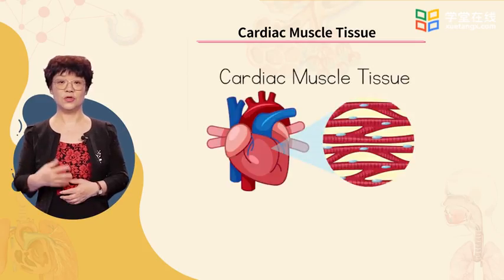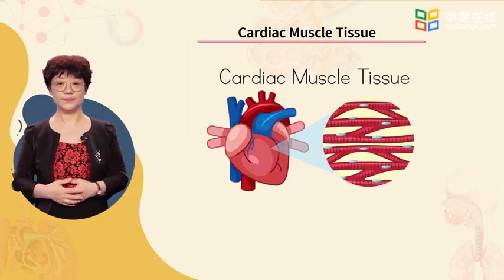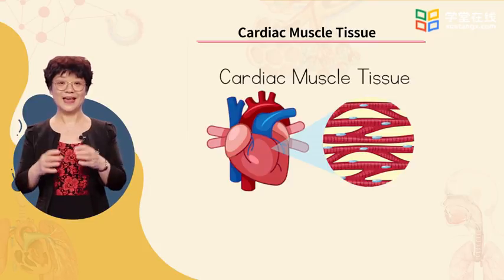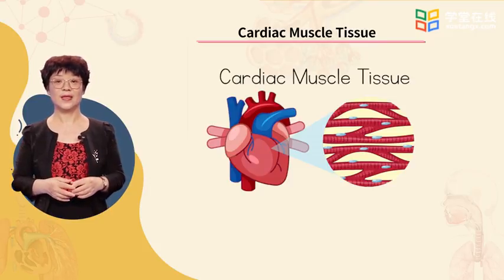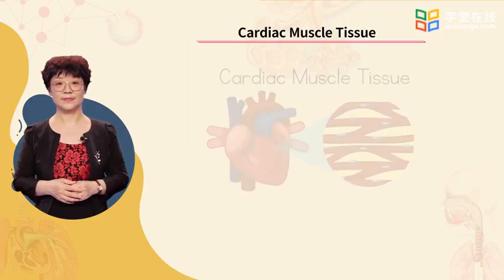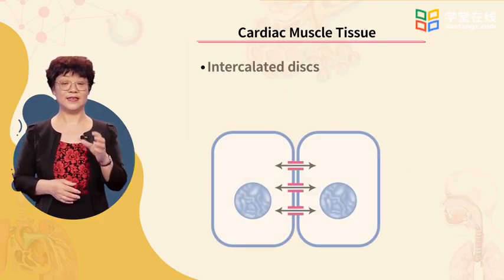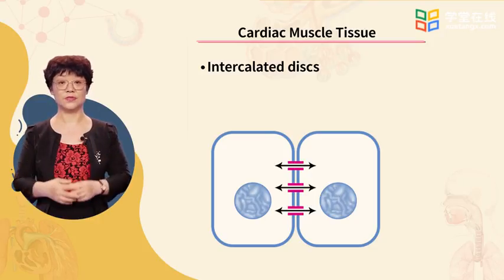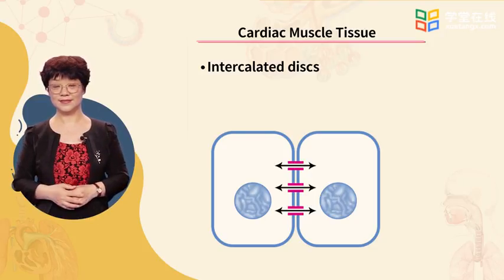Cardiac muscle, known as myocardium, is formed by many individual cells connected in series and in parallel with one another. Intercalated discs separate individual cardiac muscle cells from one another.